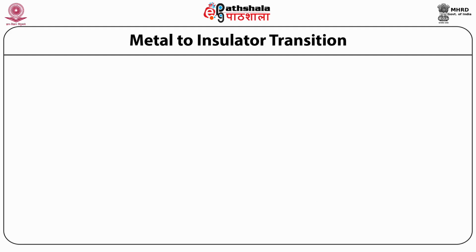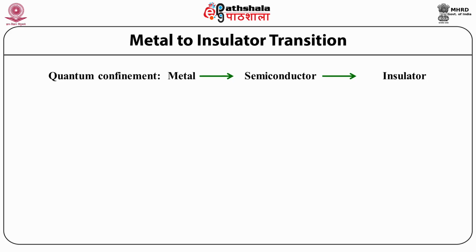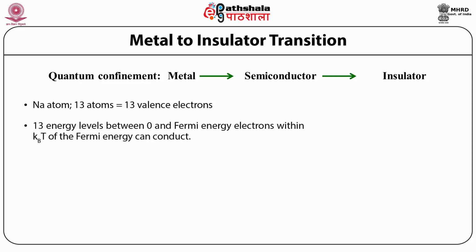So students, continuing our discussion over metal to insulator transition, quantum confinement is the phenomenon which makes the transition first from metal to semiconductor and then from semiconductor to insulator. As is evident from this figure, which shows the energy levels for the sodium atom, if there are 13 atoms, which is equivalent to 13 valence electrons, then 13 energy levels are between 0 and the Fermi energy.